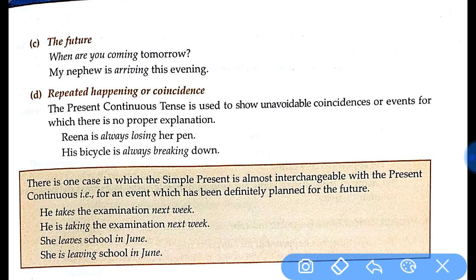For example, Reena is always losing her pen. It is her habit that she gets something and then she loses it. And then the bicycle is always breaking down. So habitually this is happening. That is why it is said that present continuous tense is used for repeated happenings or a coincidence that happens.